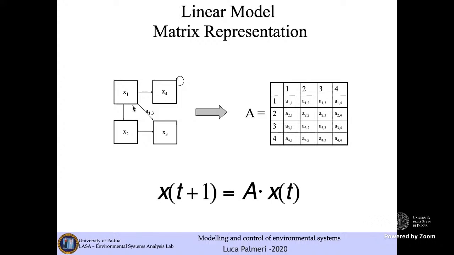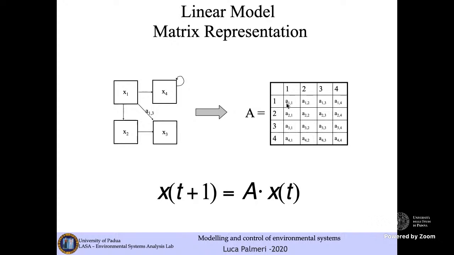The easiest way for formalizing mathematically this kind of representation, as we have anticipated, is given by the matricial or matrix representation. In this case, we may write that the model, or the evolution of our system, is described by the evolution of a matrix A, in which we have a number.